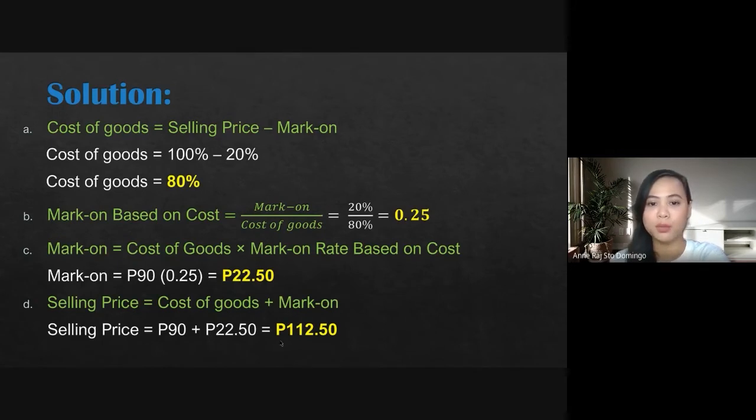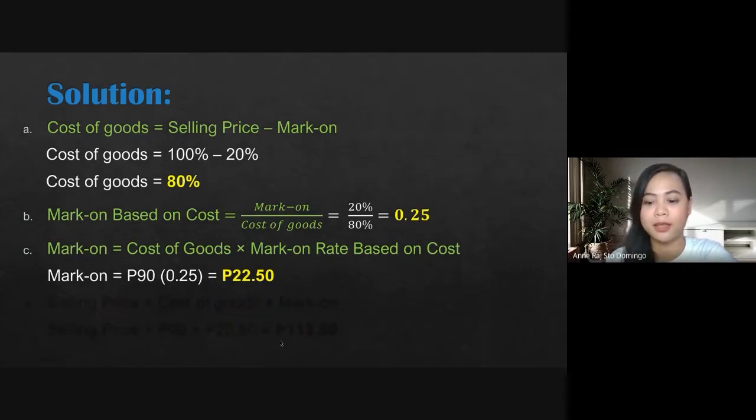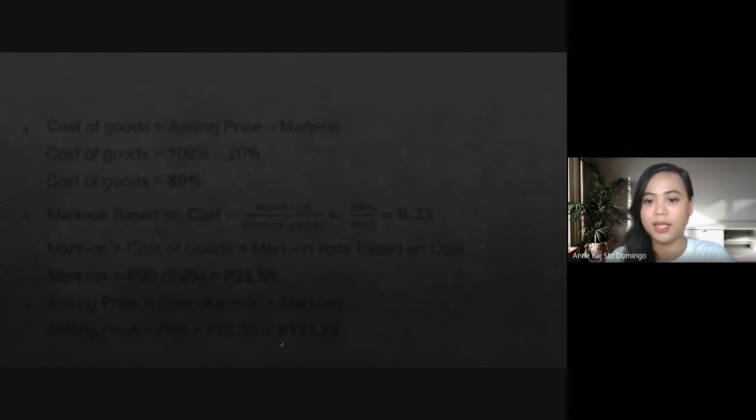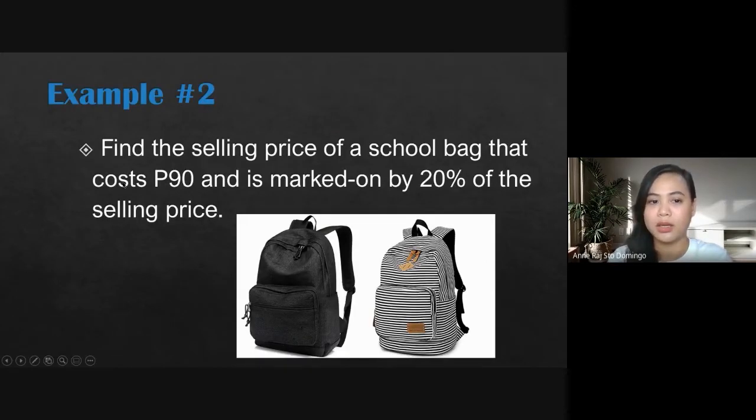So, naintindihan po ba? Naintindihan ito? So, yung kanina pala sa problem natin, this given, yung 20% natin dito, since yung nakadugtong sa kanya ay cost, this is rather the mark-on based on cost. So, hinahanap natin yung selling price ng nakabase pareho sa rate ng cost tsaka sa kung magkano yung cost.